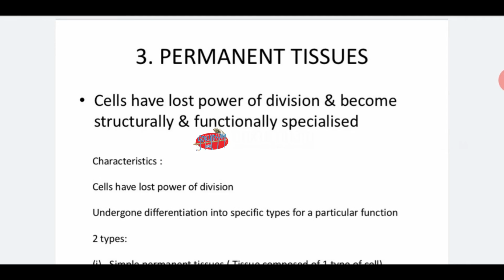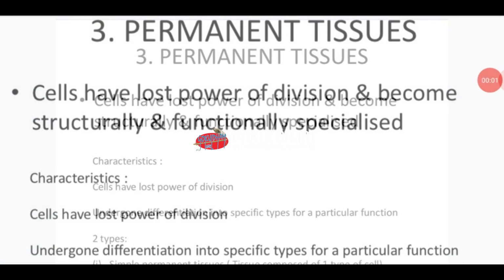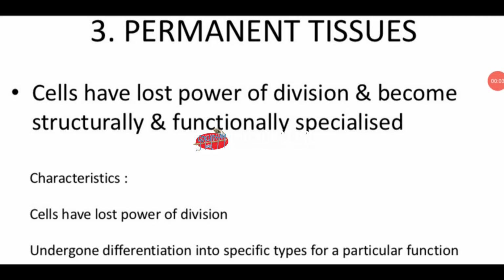Now another type of tissue is permanent tissue. Permanent tissues are the tissues in which cells have lost the power of cell division and become structurally and functionally specialized. मीन्स ये जो परमानेंट टिश्यू होते हैं उनमें सेल डिवीज़न का पावर लॉस्ट हो जाता है और वो स्ट्रक्चरली एंड फंक्शनली मोर स्पेशलाइज हो जाते हैं.